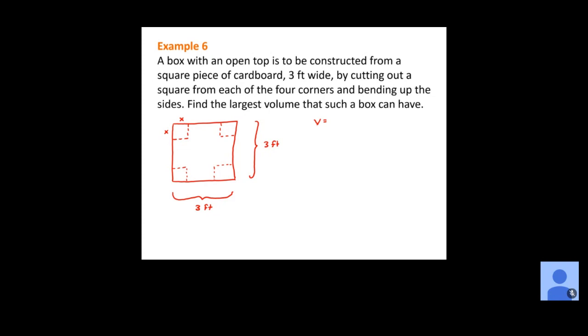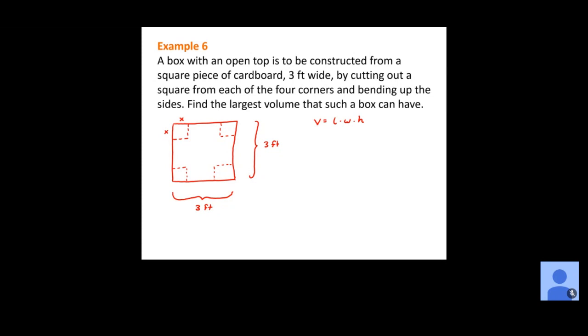Just in general, and be careful, because it's not going to form a cube necessarily. So we don't know that all of the sides of the box are going to be the same. So just in general with a box, how would you write the volume formula? Length times width times height, right? So let's just start with that. We're going to take the length times the width times the height because all of these could be different dimensions. We don't know that they're all going to be the same.